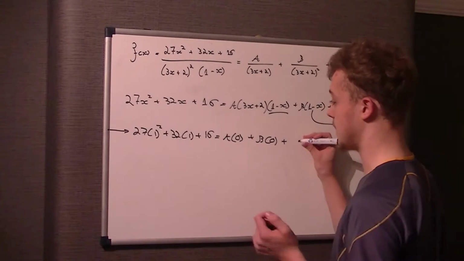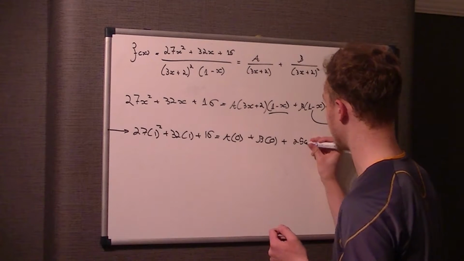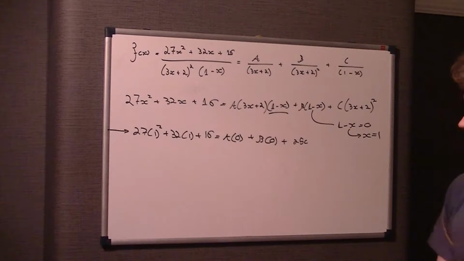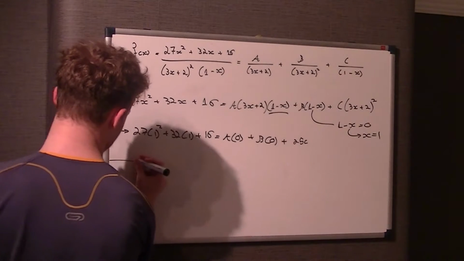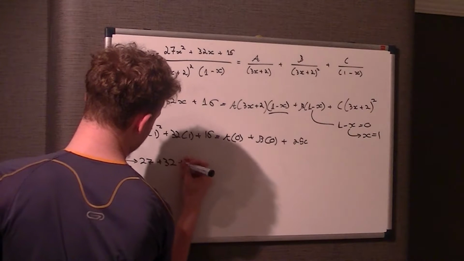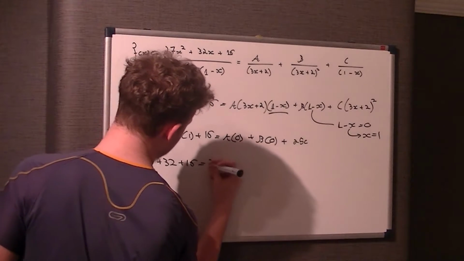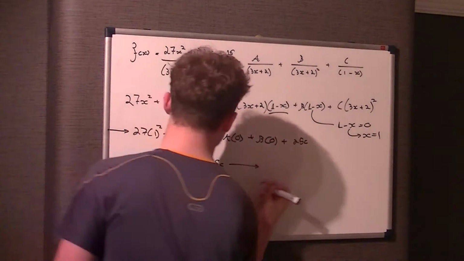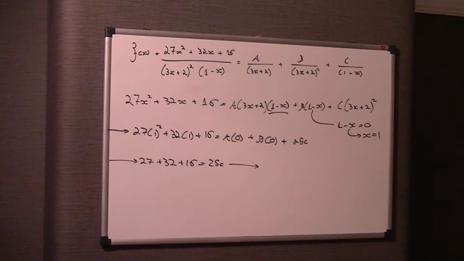So that's C times 25, or 25C. Simplifying, 27 plus 32 plus 16 is equal to 25C. Adding those gives us 75.